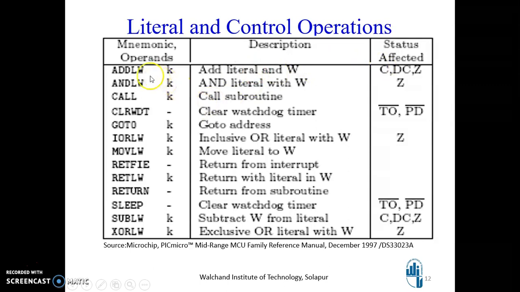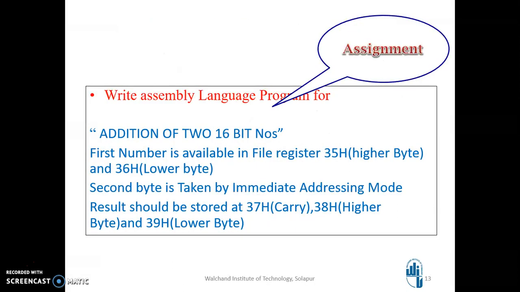Whenever you are doing addition, you may get a carry generated. The digit carry is analogous to the auxiliary carry flag of the 8051 microcontroller, and there is the zero flag. These are the status bits which are affected. These are the different instructions which take the help of literal values. As well, there are some control type instructions in the PIC microcontroller instruction set.